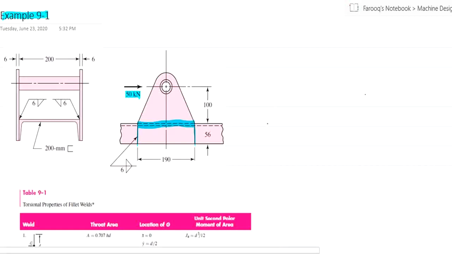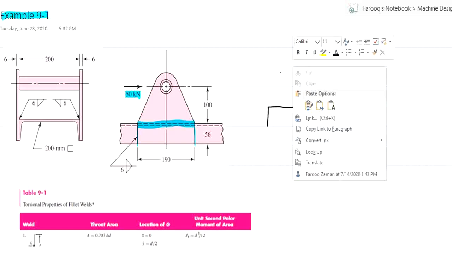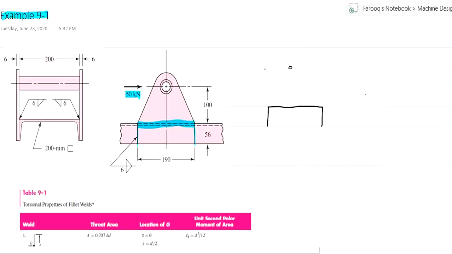The profile of the weld is an inverted U, and because we have two same profiles, we can use 25 kilonewton on one profile instead of 50 kilonewton on two profiles, just for simplicity purposes.